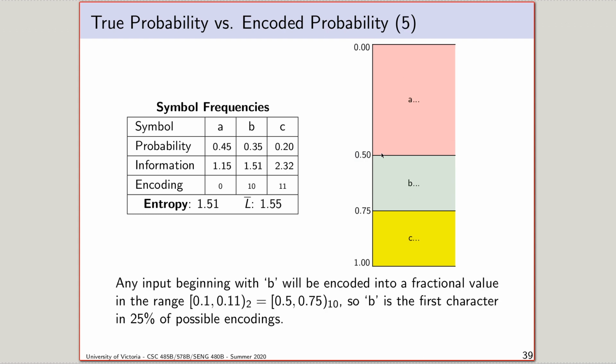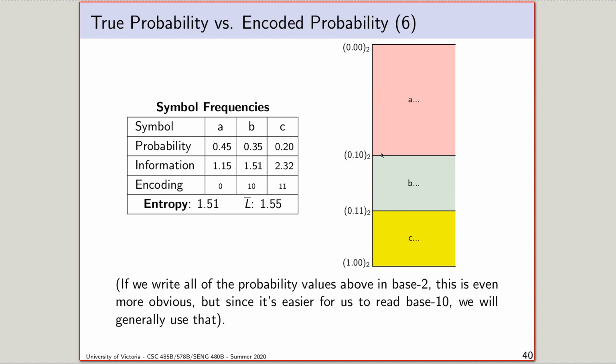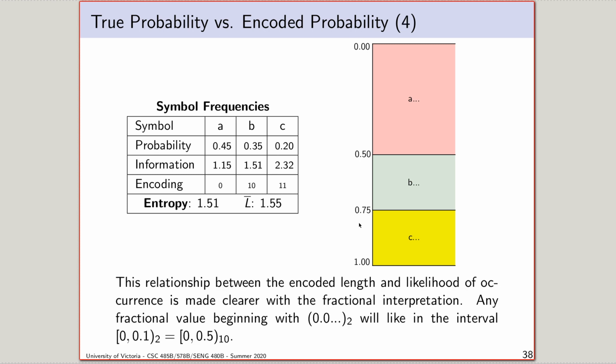So if I use the fractional interpretation, therefore, if I interpret my encodings as fractions, every number between 0 and 0.5 corresponds to a binary encoding that starts with A. Every number between 0.5 and 0.75 is an encoding that begins with B. Every number between 0.75 and 1 is an encoding beginning with C.